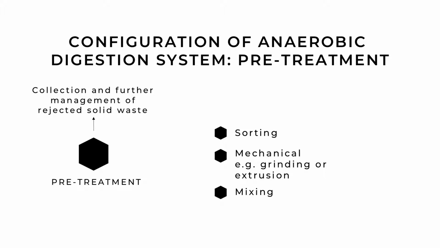For co-digestion, which means when you are introducing different substrates to the digester, you might need to mix the materials. And finally, in case you need to adapt the moisture level, you might need to water the substrate. Keep in mind that sometimes, especially when the moisture content of your substrate is more than 60%, you might not need any pretreatment.